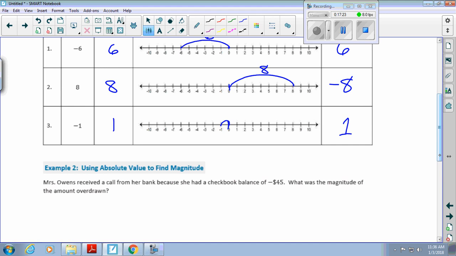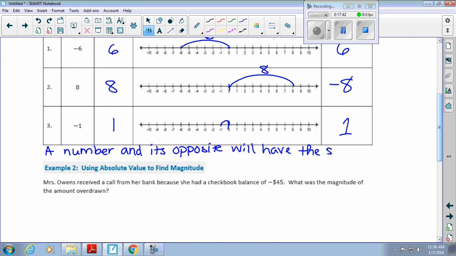Let's write this down. A number and its opposite will have the same absolute value.